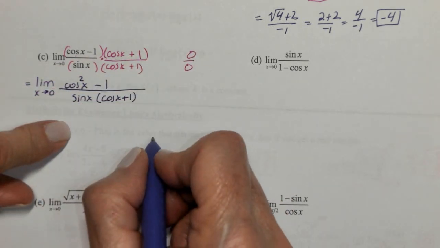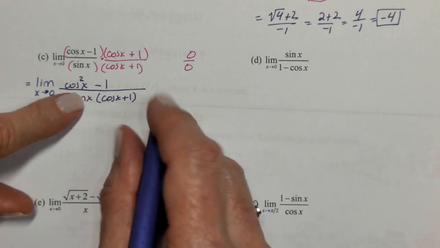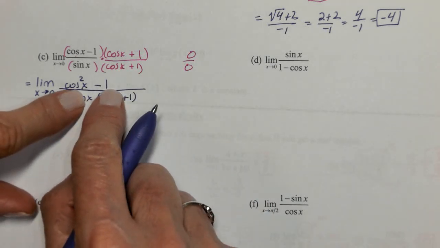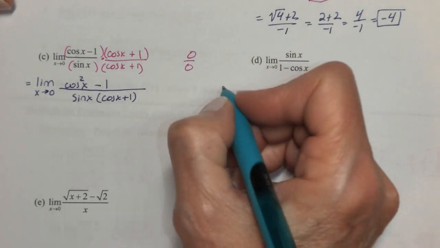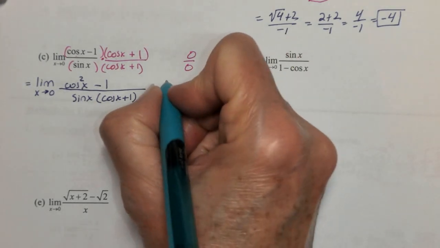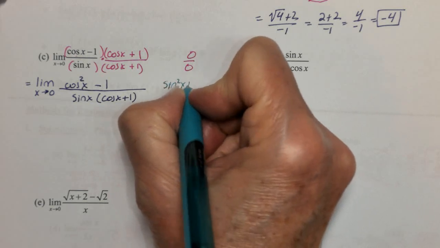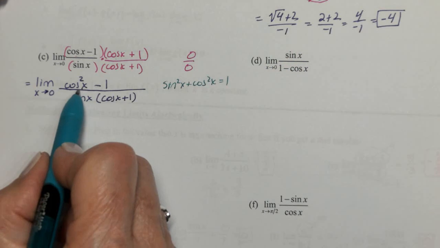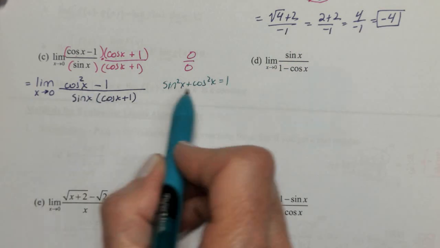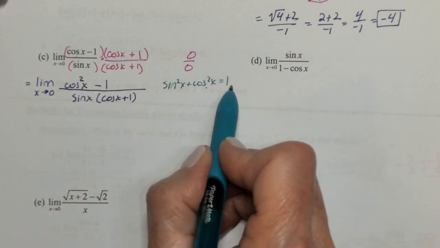All right. Now what? Well, I see that cosine squared x and a minus 1. So I'm thinking of our Pythagorean trig identity that says sine squared x plus cosine squared x is equal to 1. I have cosine squared x minus 1. There's my cosine squared x, there's my 1.